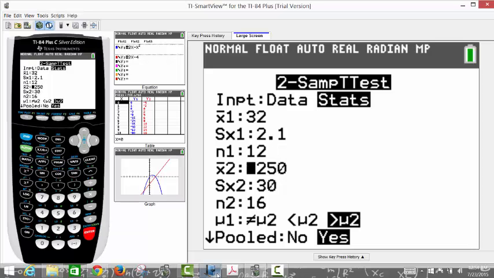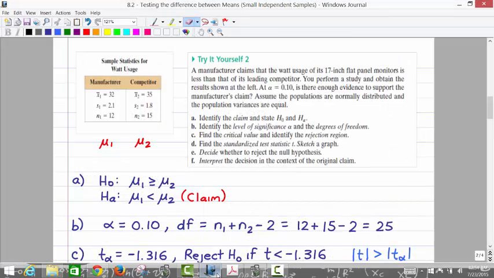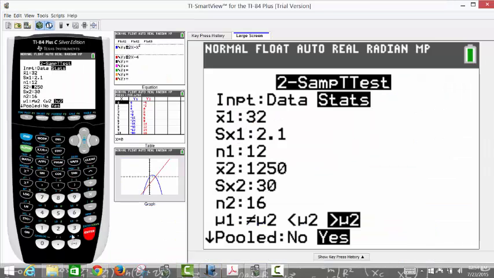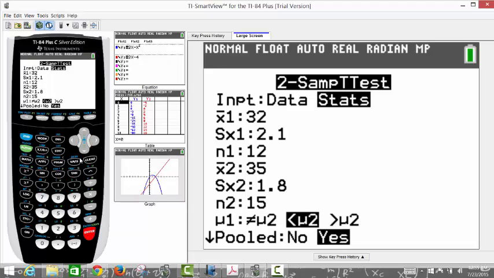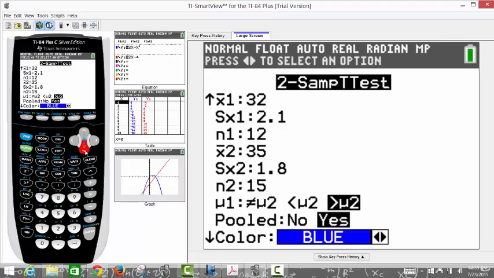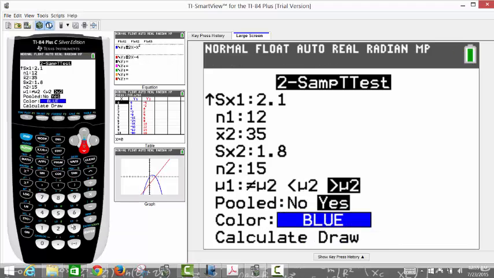There's those 3. Next one's 35, 1.8, and 15. And then this is a left tail test. So we choose our alternative for a left tail test. There it is. There's our standard pooled yes. Don't care about that. Calculate.